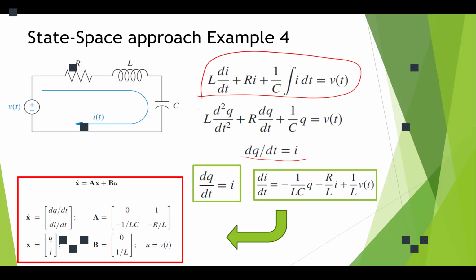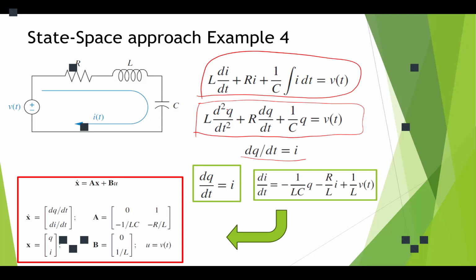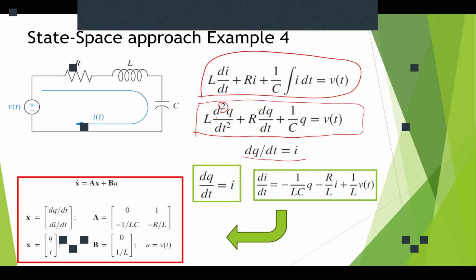So now we have a second order differential equation, okay? And we need two state variables, x1 and x2, correct? Because we have second order. Are we good so far? We consider x1 as the q, and we are going to consider x2 as the I in this modeling.